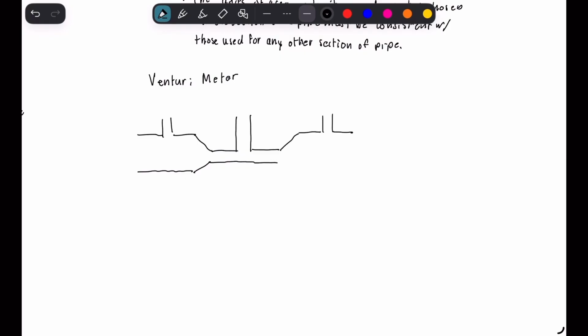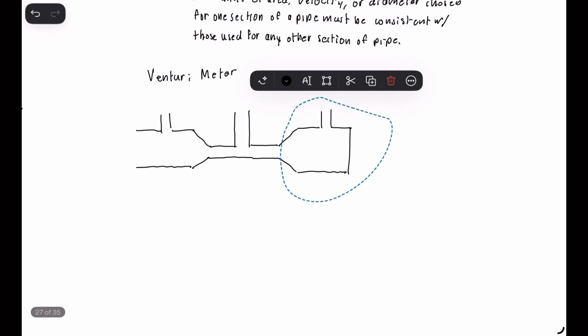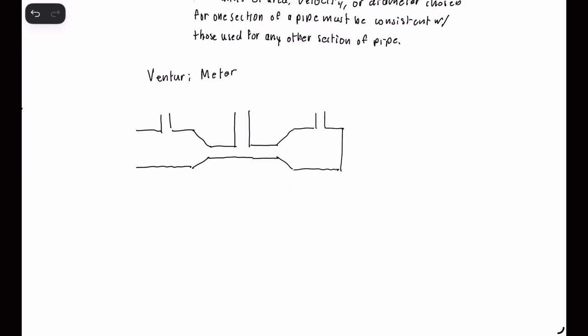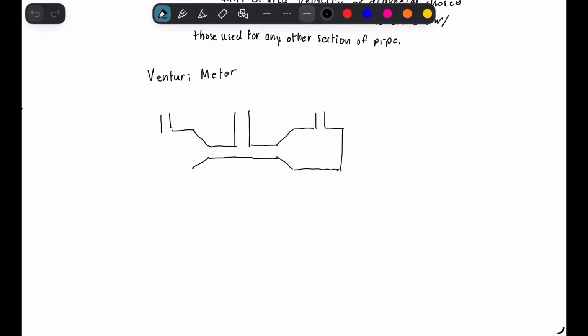It's about symmetrical like this. And this is going to be your measured height. This is going to be from where the water is.